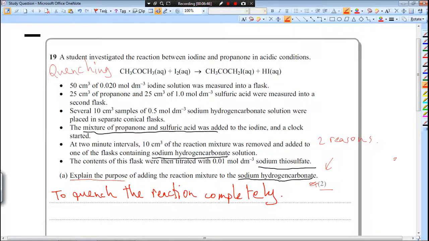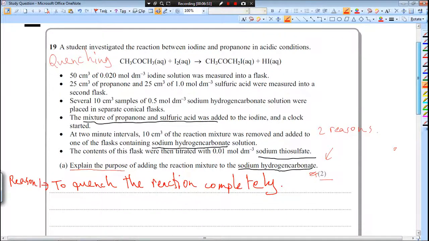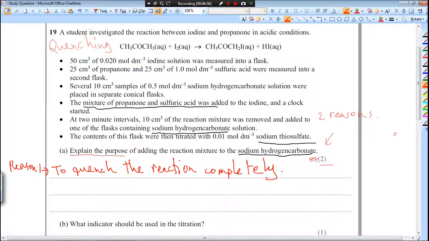In other words, quenching also means freeze, freezing the reaction, stopping the reaction.